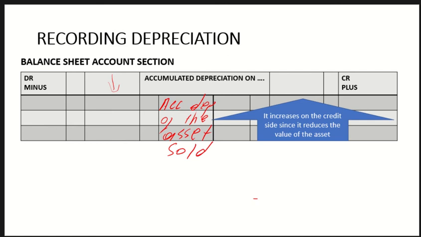It will be decreased by the accumulated depreciation of the asset sold.